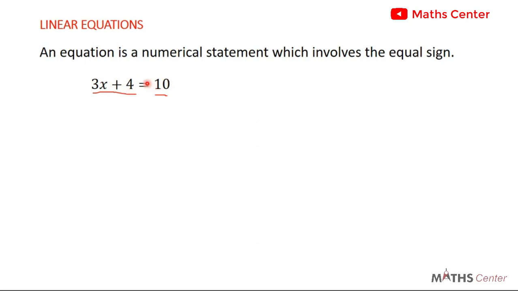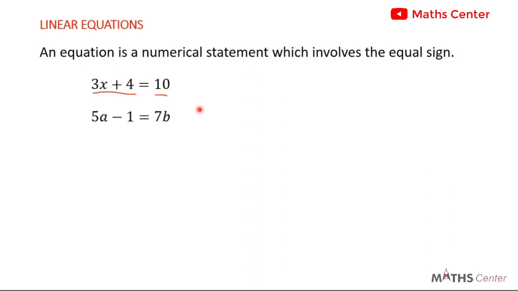Because we have an equal to sign in this statement here, this whole statement is called an equation. So equation from the equal sign that we have here. So you have equation here, which means that it involves the equal sign or the equal to sign. I hope that is clear.